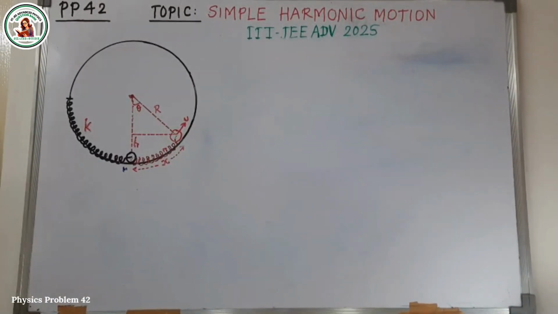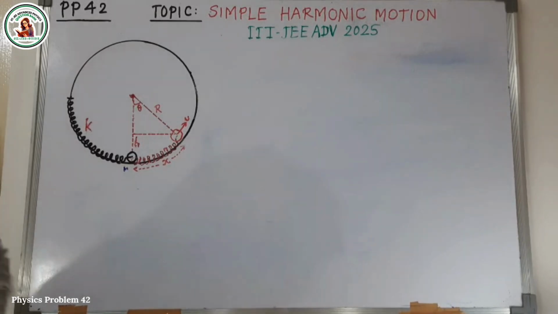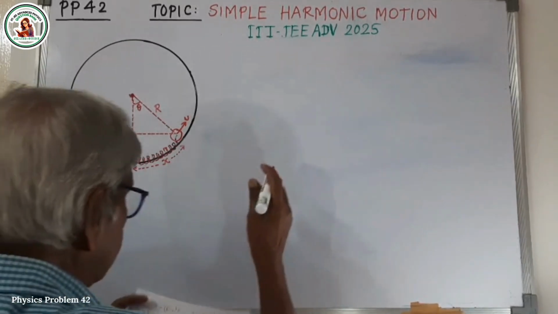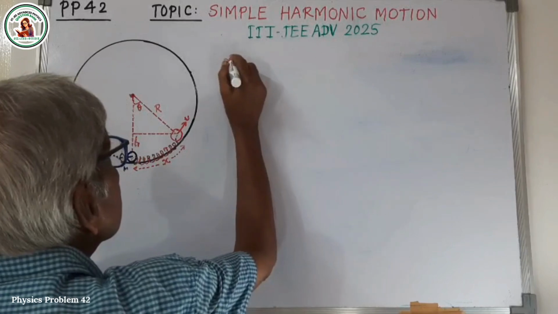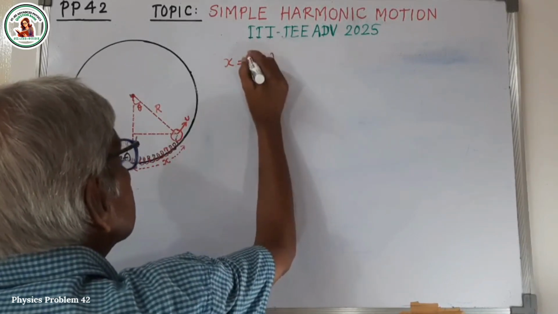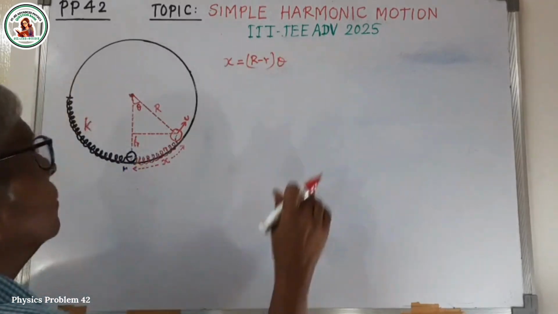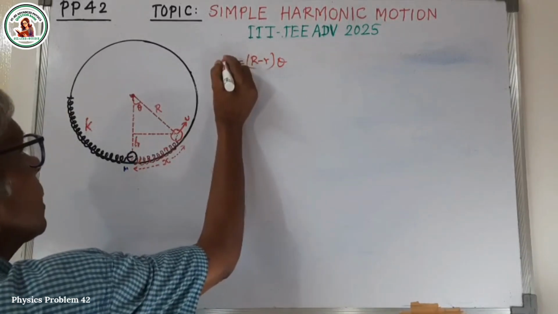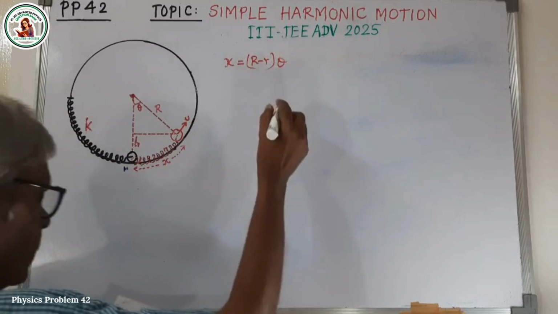Let us continue from the steps. I have written the expression for the variable quantities. x is equal to (R minus r) into theta, that means x equals angular displacement into radius.